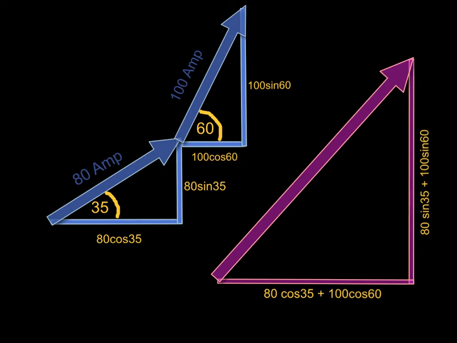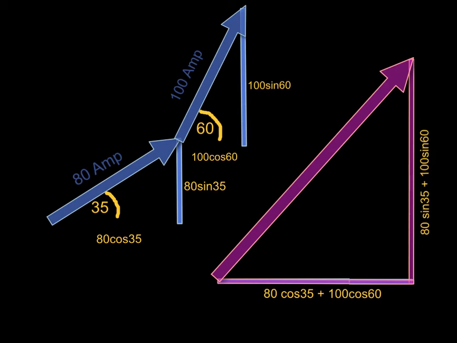Now, to calculate the horizontal component of the resultant vector, we add the two horizontal components of the original vectors. So the horizontal component of the resultant vector will be 80 cos 35 plus 100 cos 60.